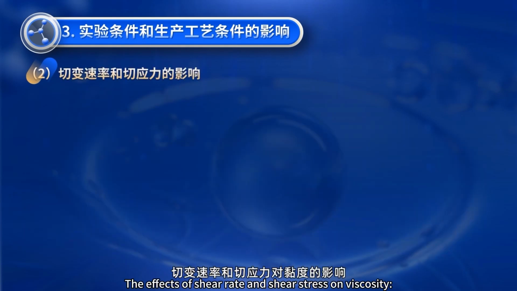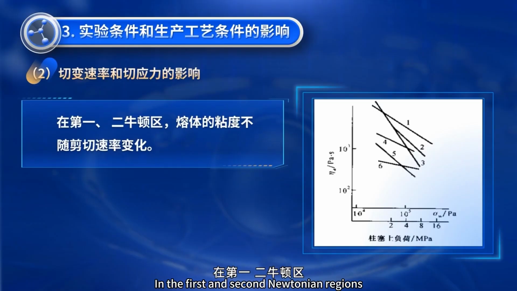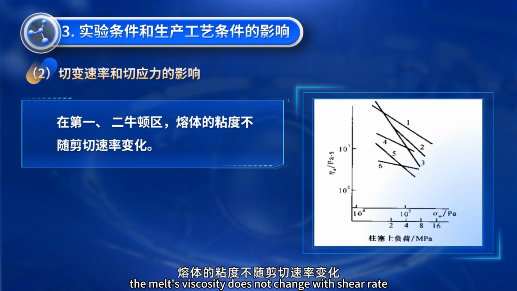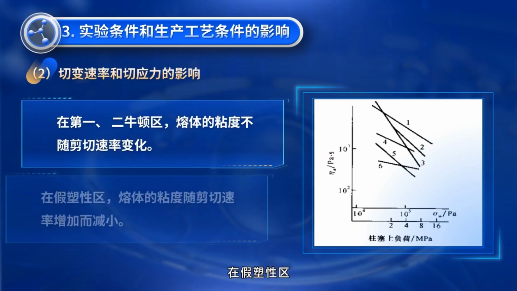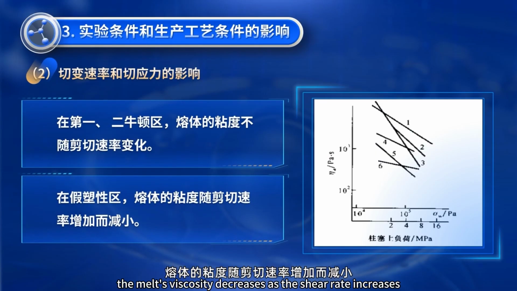The effects of shear rate and shear stress on viscosity. In the first and second Newtonian regions, the melt's viscosity does not change with shear rate. In the pseudoplastic region, the melt's viscosity decreases as the shear rate increases.